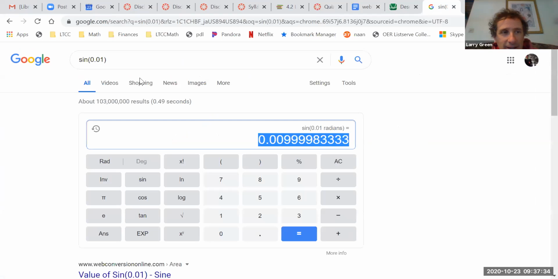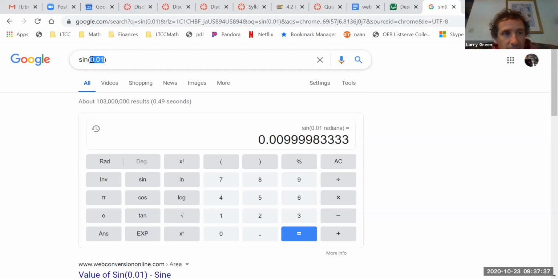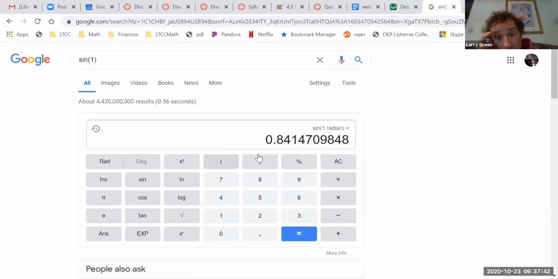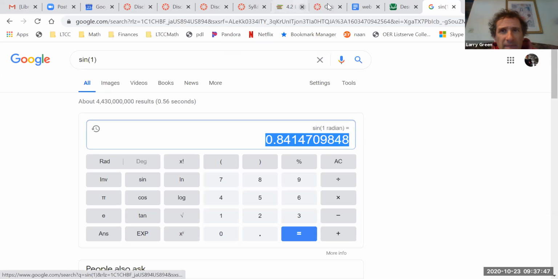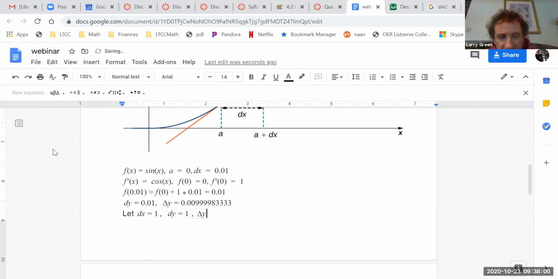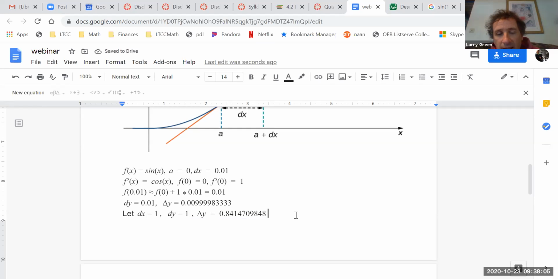Well, let's go back to a calculator. And you get 0.8414, a bunch of things like that. Let's copy it. So delta y is this mess. All right, is it a good approximation now? If you use 1 instead of 0.01.